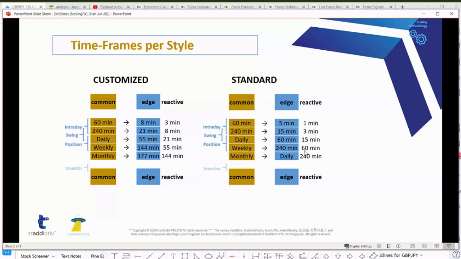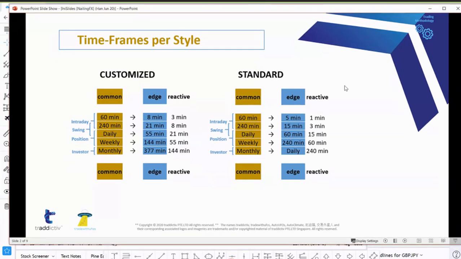And then, if you really are a long-term investor, you're focused more on the monthly and the daily time frames. So in broad brushstrokes, this is how we at Tradictive look at time frames from a multiple time frame perspective.